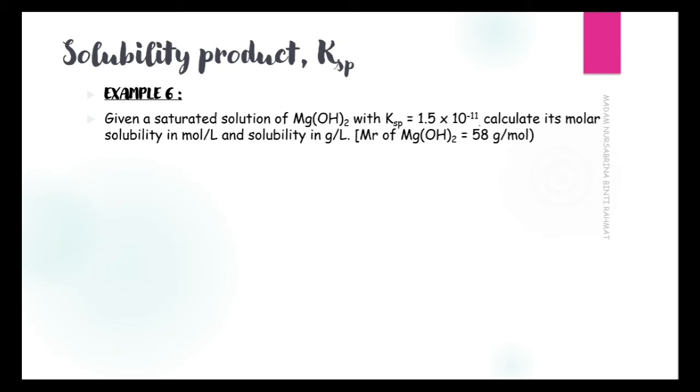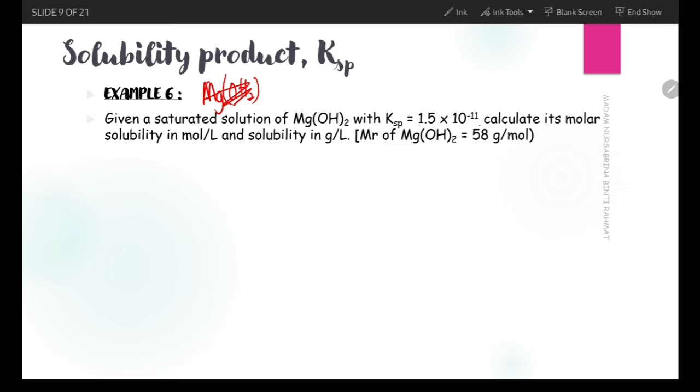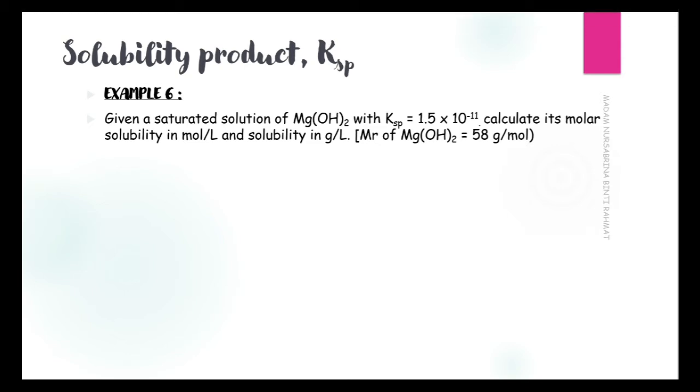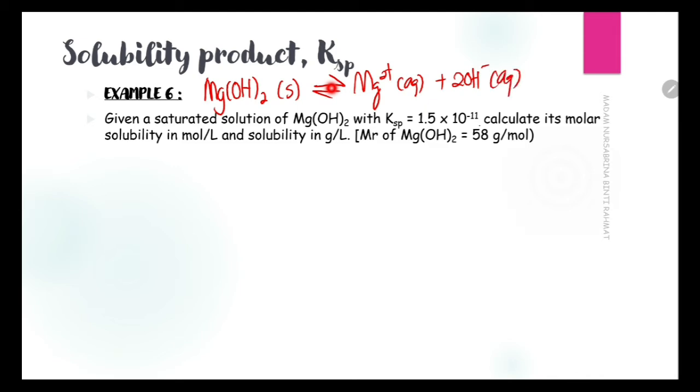For magnesium hydroxide, if you write down the dissolving equation, it's 1 mole of magnesium ion and 2 mole of hydroxide ion.